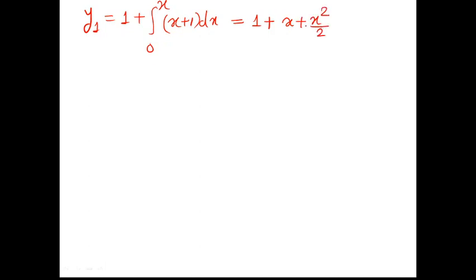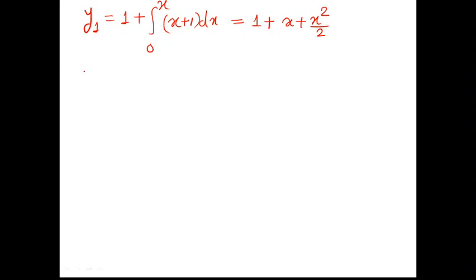So we get y1 is equal to 1 plus integral from 0 to x of x plus 1 dx. Now integrating and substituting the limits, we get 1 plus x square by 2.